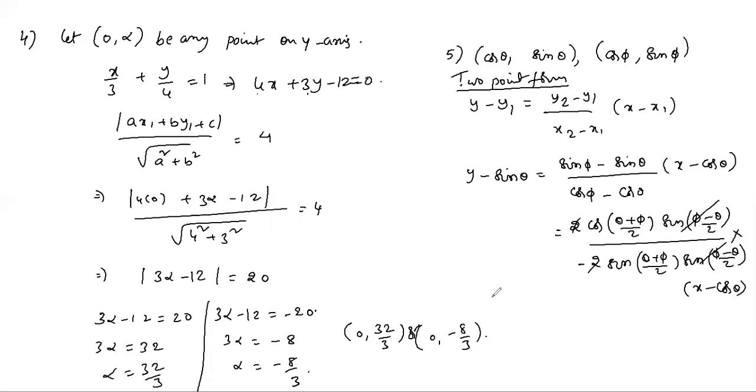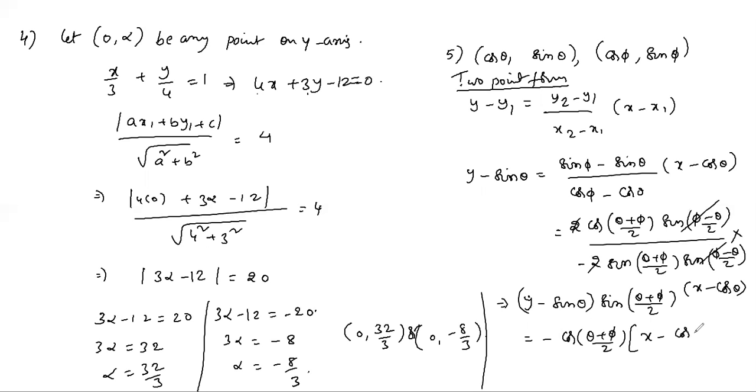Cross multiplication. Y minus sin theta into what we have in the denominator, sin theta plus phi by 2, equals minus cos theta plus phi by 2 into x minus cos theta. Don't write cos by sin, cos; for simplification take cross multiplication in terms of sin and cos only.